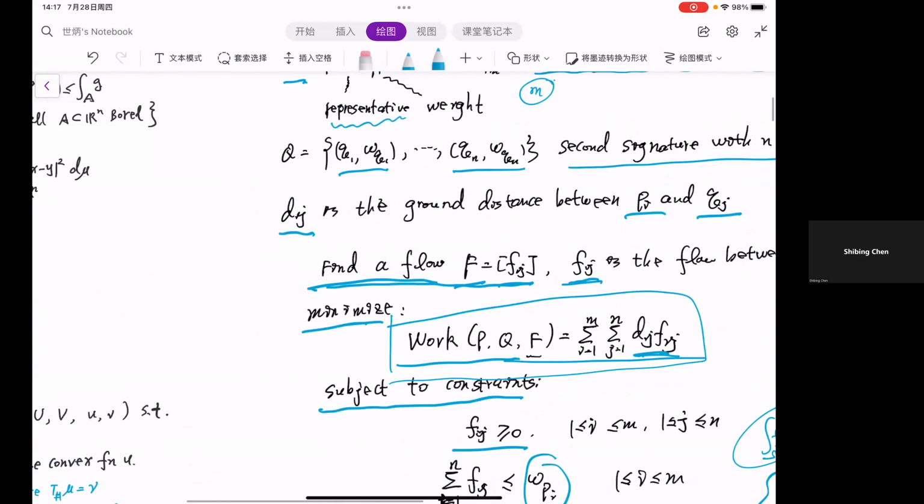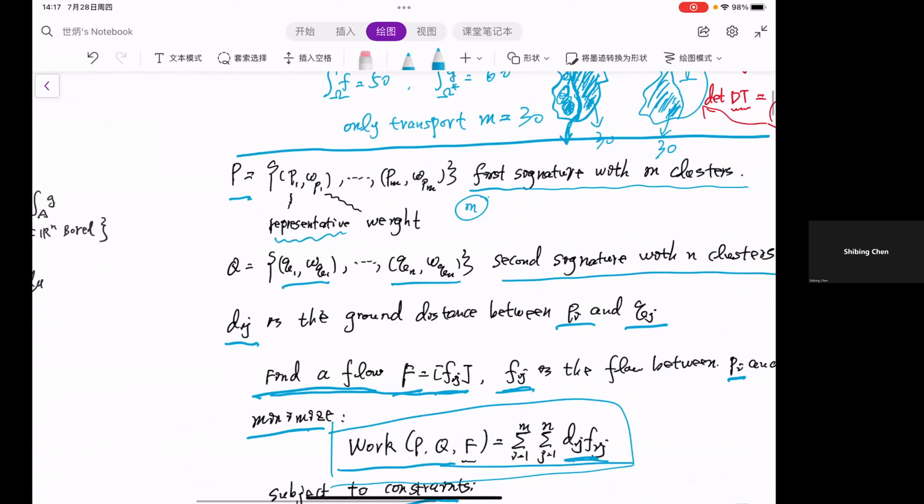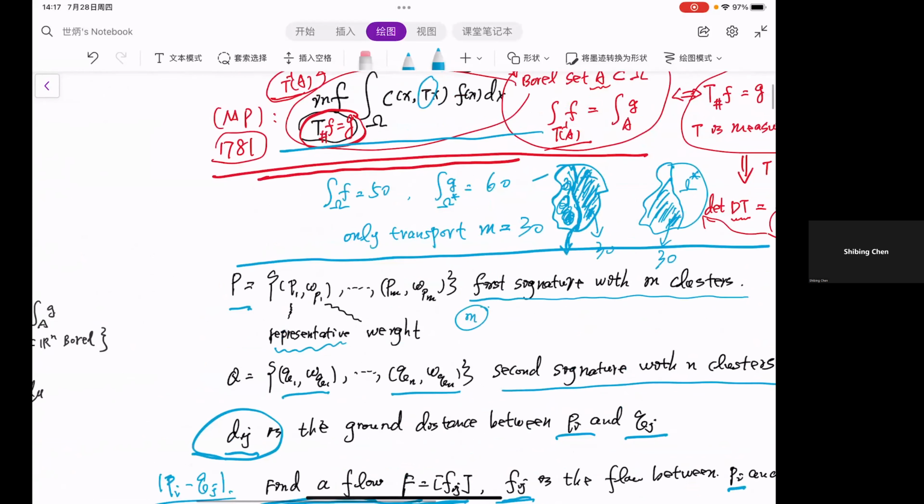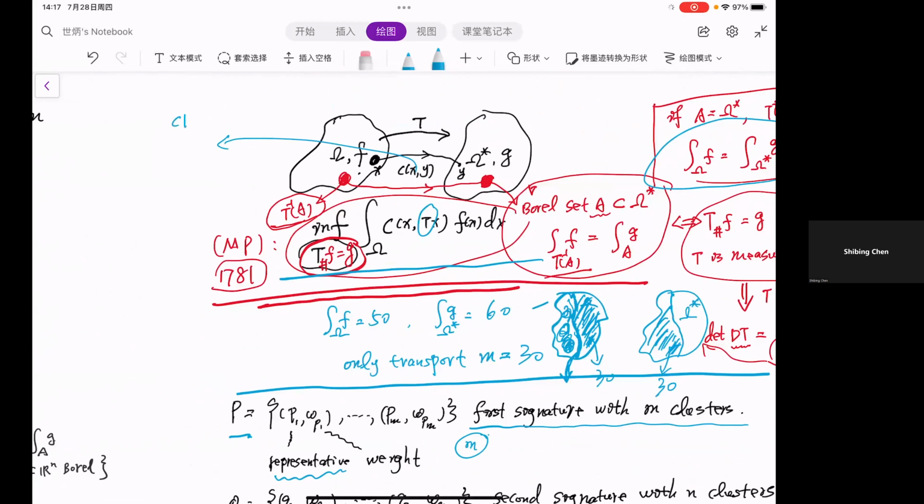Usually it's something like the location distance, the Euclidean distance from pi to qj. Sometimes, in the classical Monge problem, the cost c(x,y) just equals the Euclidean distance from x to y.